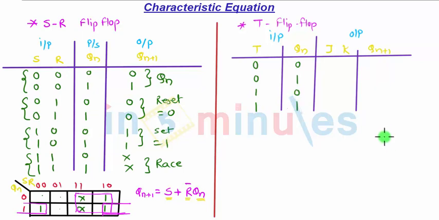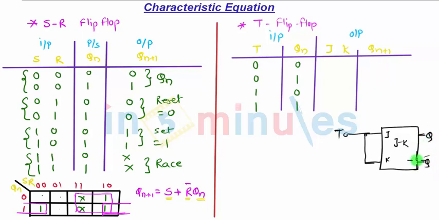And we all know that the T flip-flop is nothing but a modification of the JK flip-flop, where the J and K terminals are shorted to each other to form the T flip-flop. This is a rough diagram of JK converted or modified to a T flip-flop.